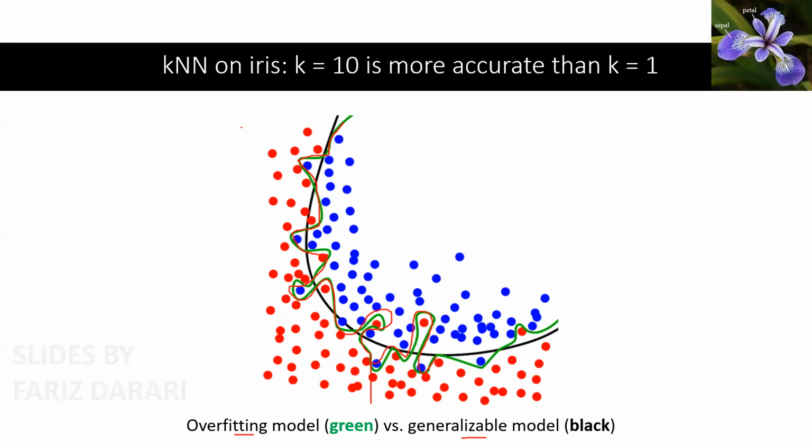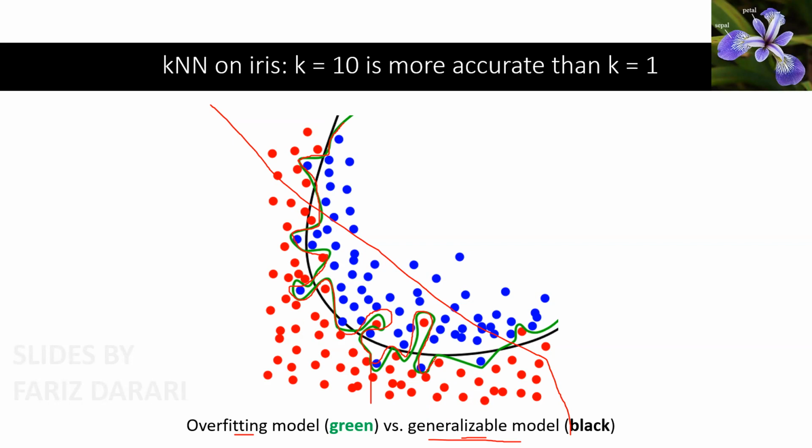A very loose t-shirt would be something like this, something like this. This is just so wrong, right? This decision boundary for classification is not good. So the best one in this example is actually this one, the black model, right?